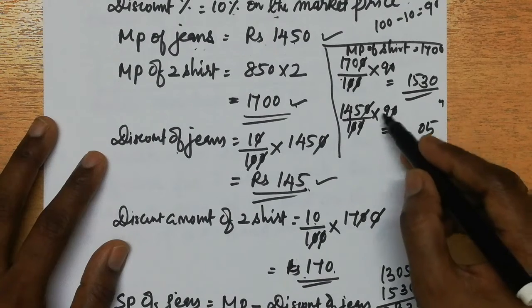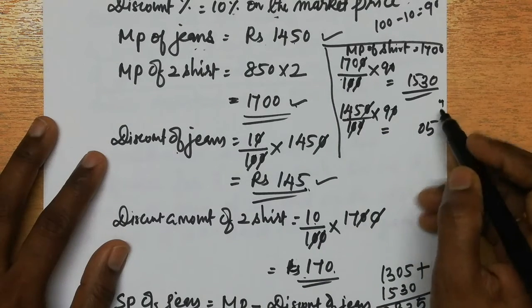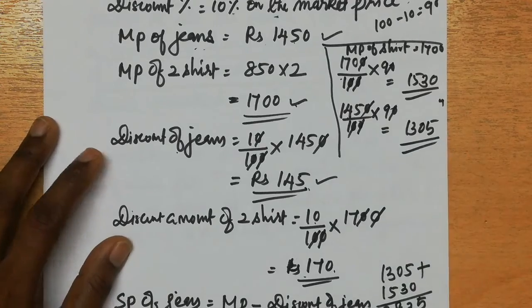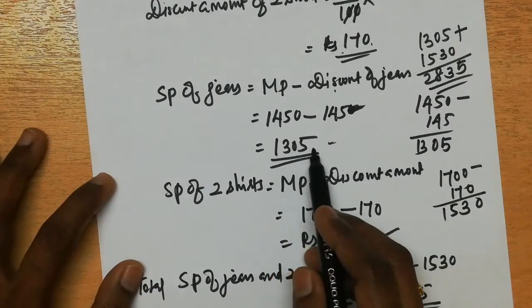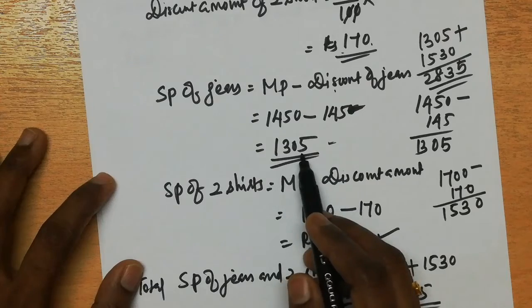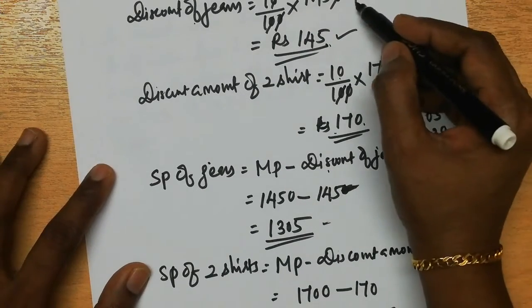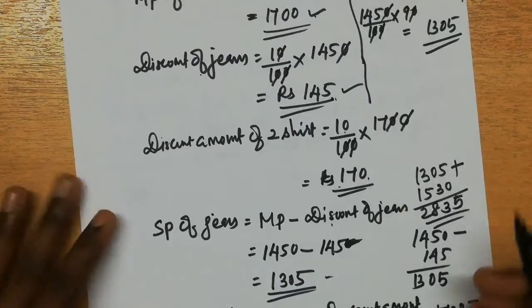Remainder 4. 9 ones are 9, 9 plus 4 is 13. That is 1305. Now we got this one, the same 1305 as before. We got it easily.